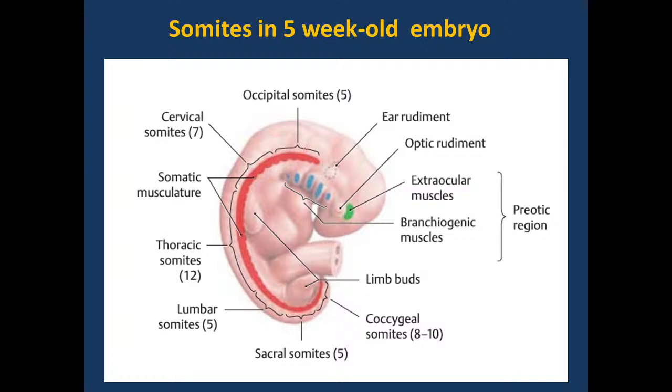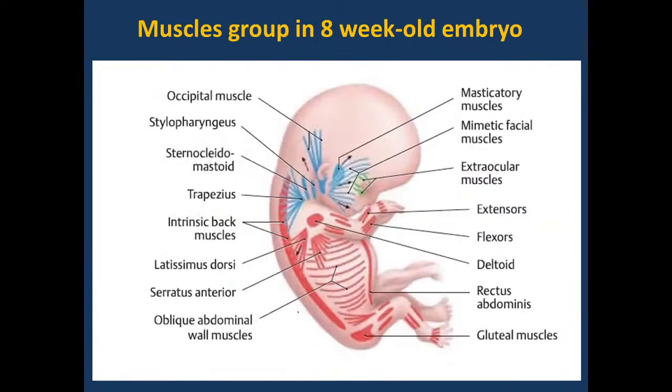We distinguish occipital somites. There are 5 somites in this region, cervical somites, but we will discuss today thorax somites and lumbar somites. That is the part which we find in the torso muscle. And you see here how all muscle groups are developed in an 8-week embryo.